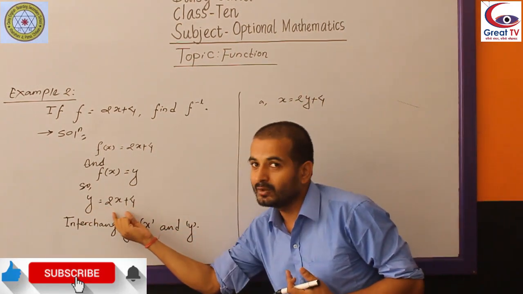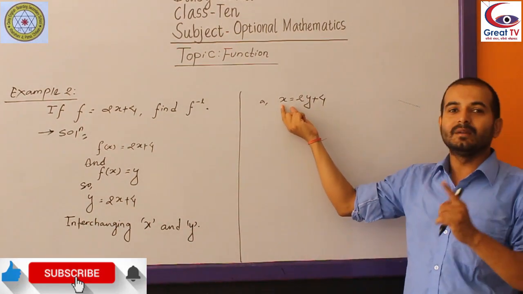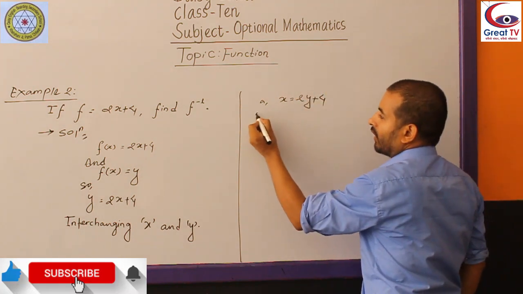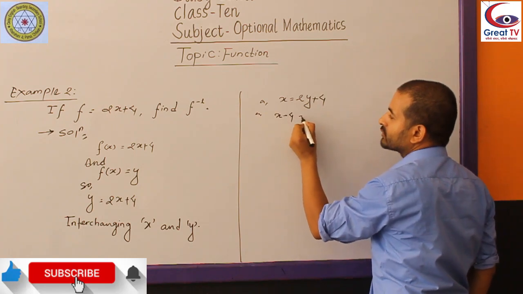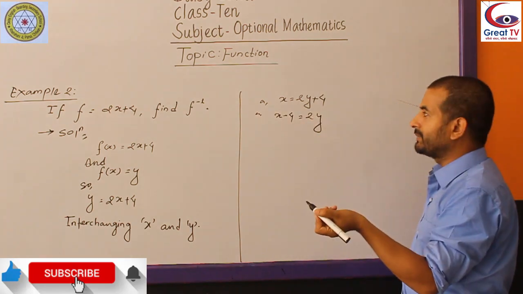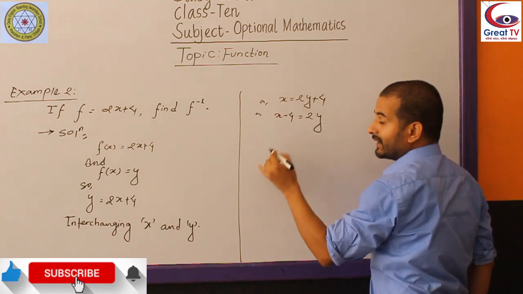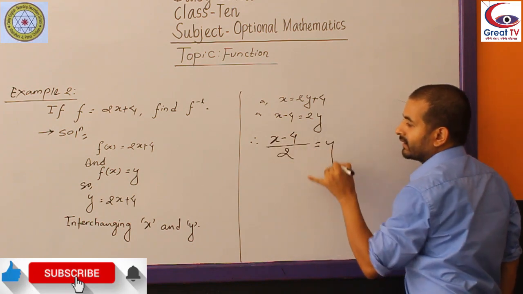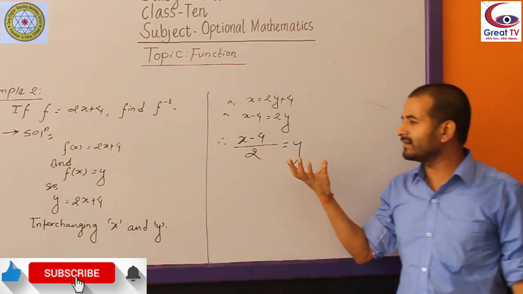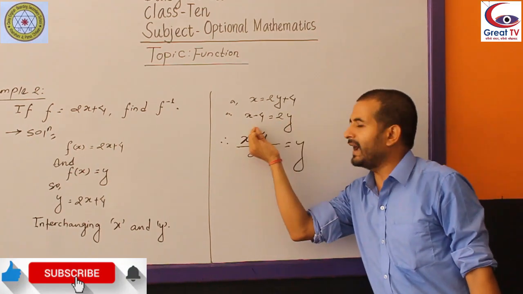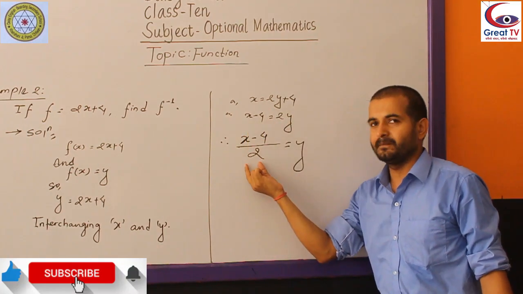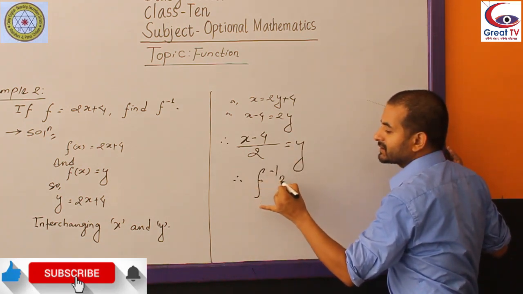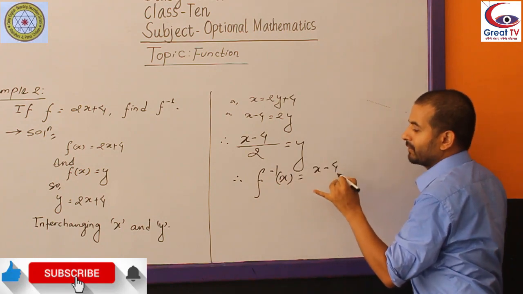There it was y equals, now here it is x equals, because in the inverse x and y should be interchanged. Now let's find y. x minus 4 equals 2y, because you know the mathematical rule. Therefore (x minus 4) divided by 2 equals y. You can understand how it became that, because 2 has been brought to the other side and divided. So this y is now the inverse. Therefore f inverse of x equals (x minus 4) by 2.